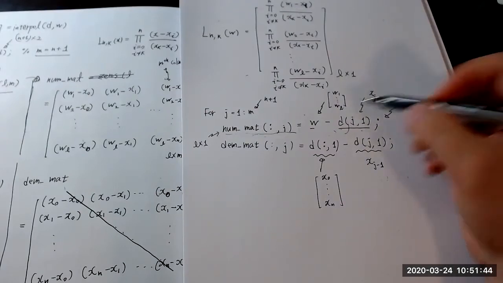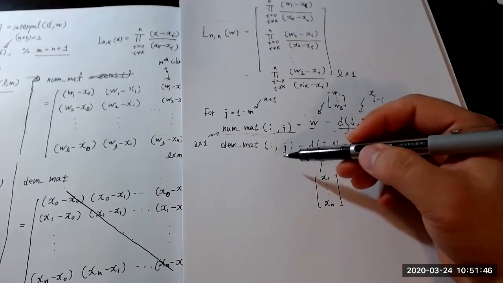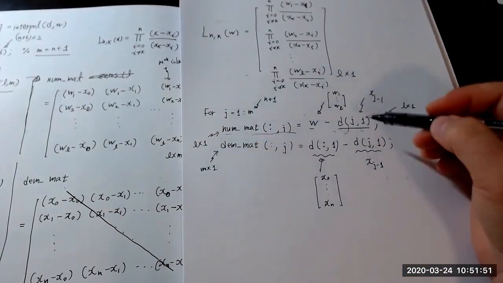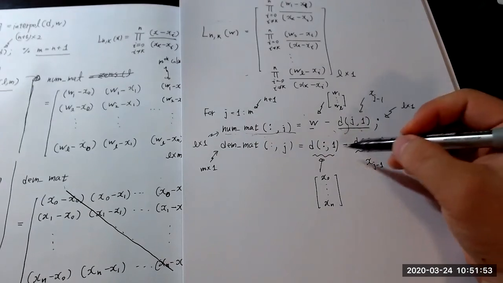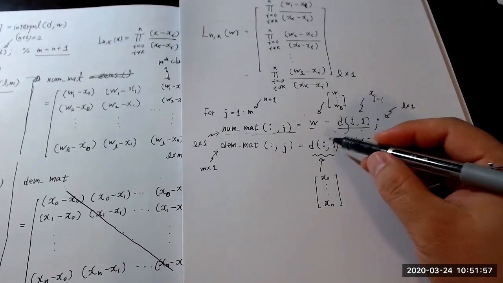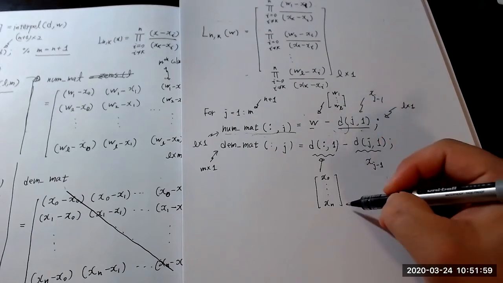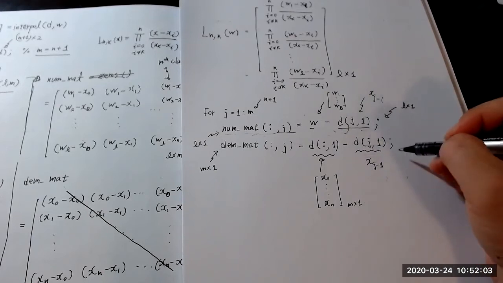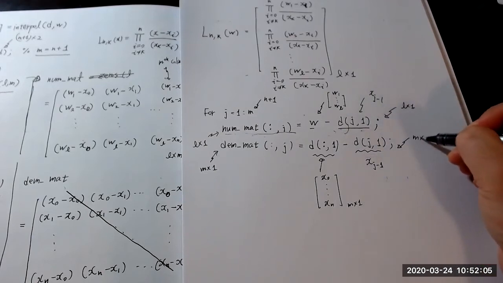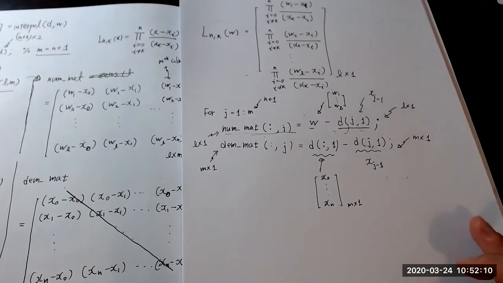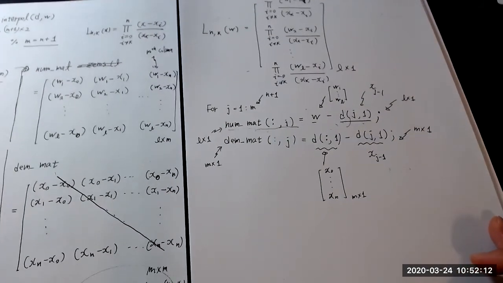Now what about the DMMAT, the second line? This is an M by 1 column vector. The right-hand side: since D of colon comma 1 is an M by 1 column vector and this is a real number, this is also going to be an M by 1 column vector.